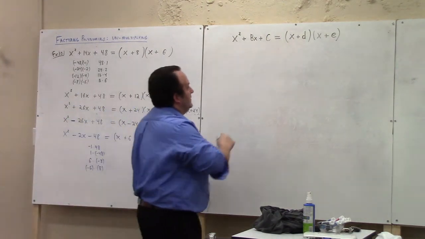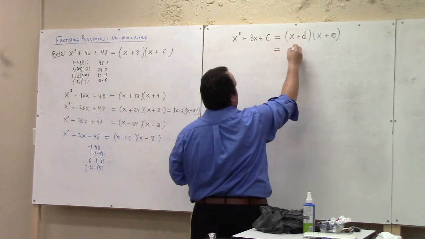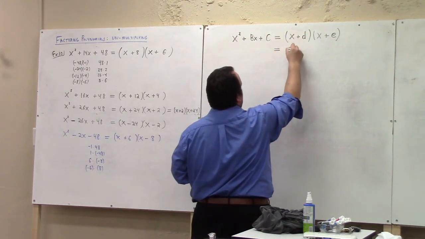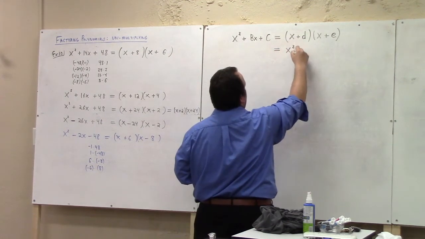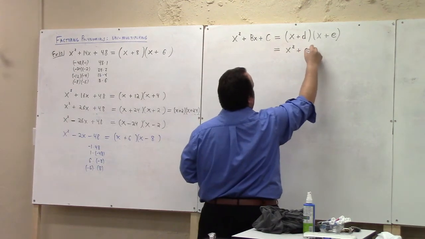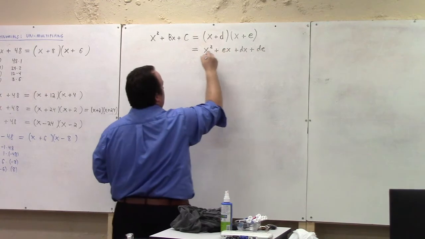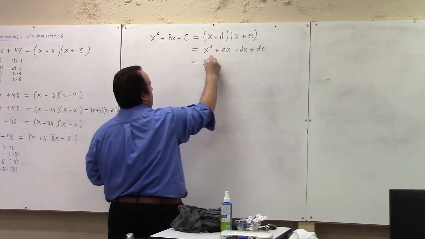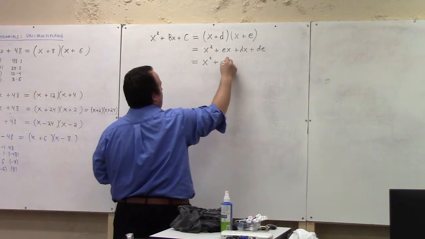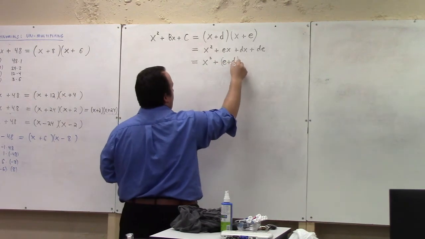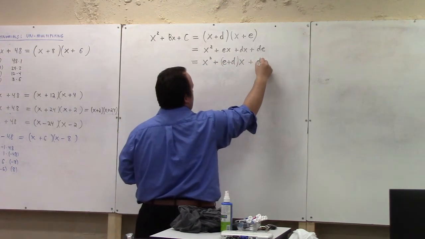Well, multiply this out, what do we get? x squared plus Ex, right? Plus Dx plus DE. In other words, x squared plus E plus D x plus DE.